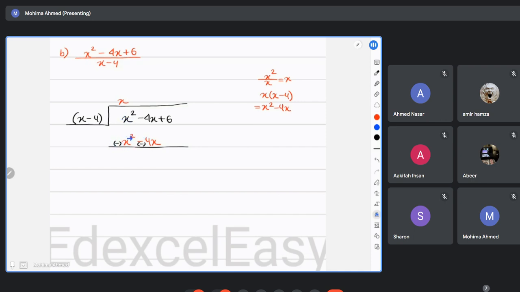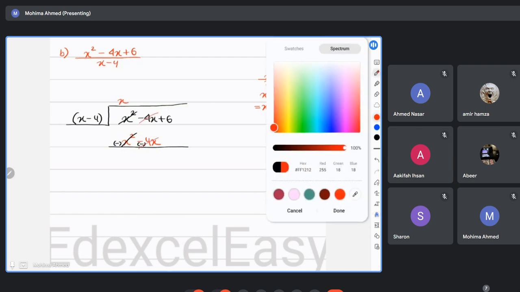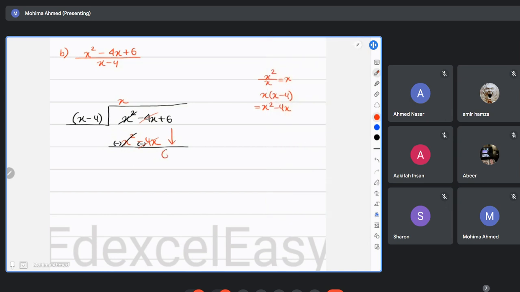So previously this was positive, and when we assign the minus, the x squared becomes negative. And x squared minus x squared will cancel, and minus and minus makes this 4x positive. So minus 4x plus 4x will be cancelled out again. At the end, you're going to get the remainder as 6.